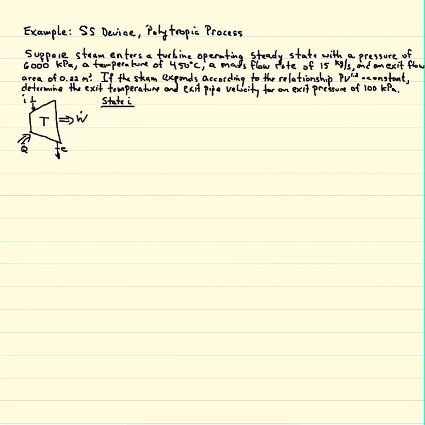Okay, so that's our diagram, and we can go ahead and identify the state information that we know. We'll first start with the inlet state, which I'm calling state I. In the problem statement, we're told that the inlet pressure is 6,000 kPa, so we can write that down. We're told that the inlet temperature is 450 degrees Celsius. We're told that the inlet flow rate, m dot I, is equal to 15 kilograms per second.